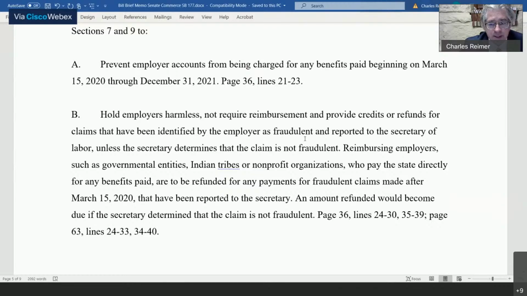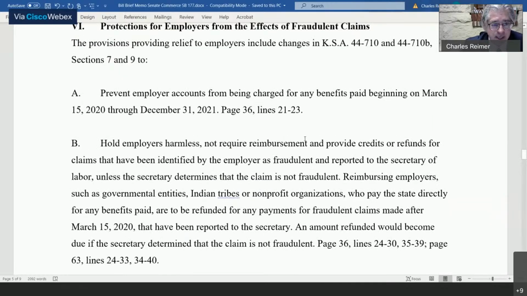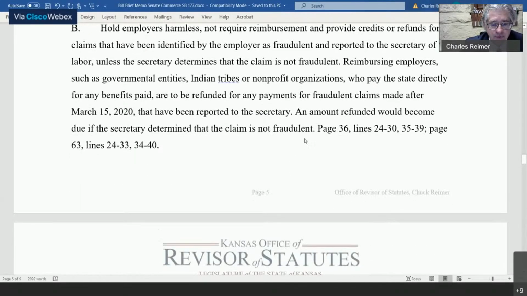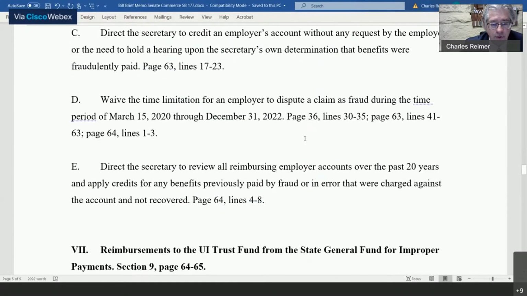To hold employers harmless, to try and address effects on the tax rates that may come to pass because of the huge amounts of fraud, and also with respect to reimbursing employers that must reimburse the state when they pay out unemployment claims, to hold those reimbursing employers harmless and to refund them and not require them to reimburse the state for fraudulent claims. So those are sections 7 and 9. A number of provisions there to hold employers harmless.